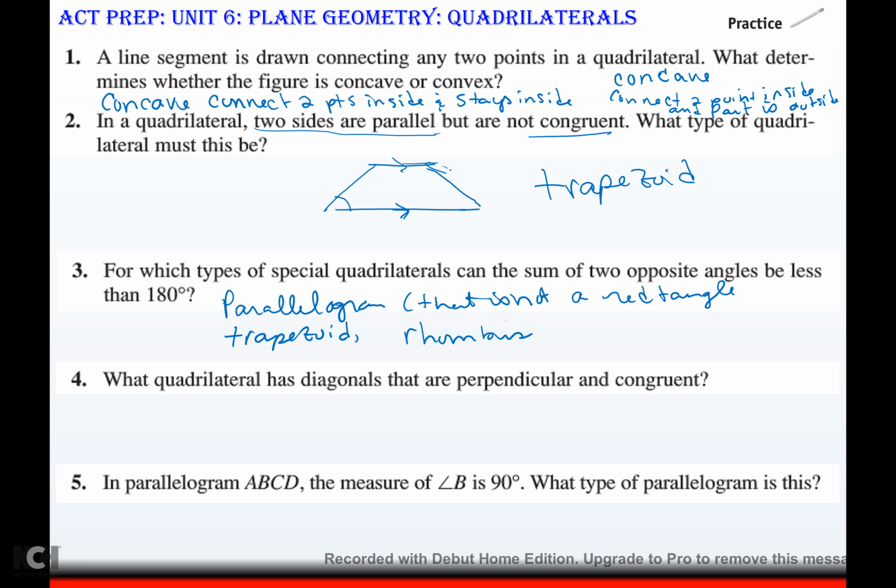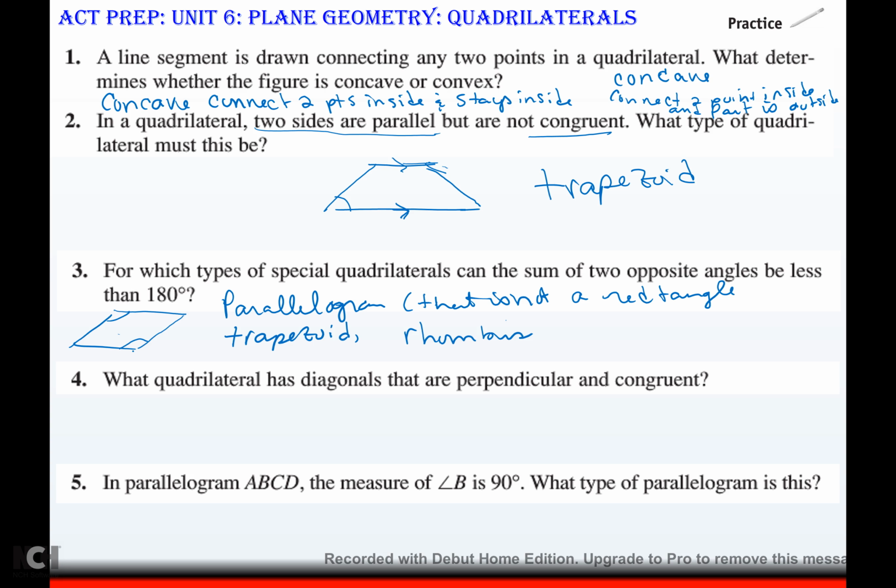Can the sum of 2 opposite angles be less than 180? Well, yeah, in a parallelogram, opposite angles are equal, aren't they? Opposite angles are congruent.